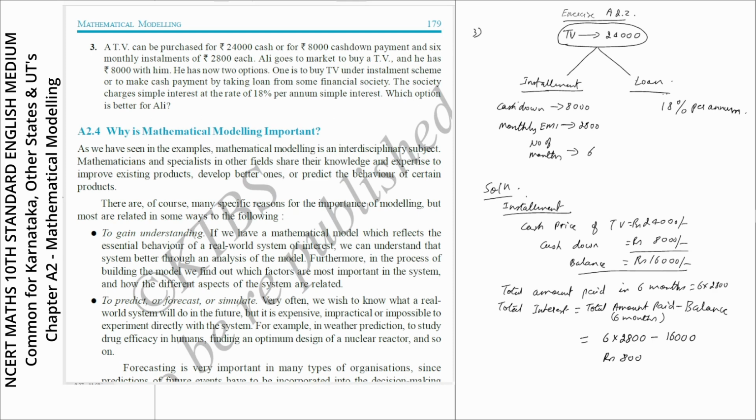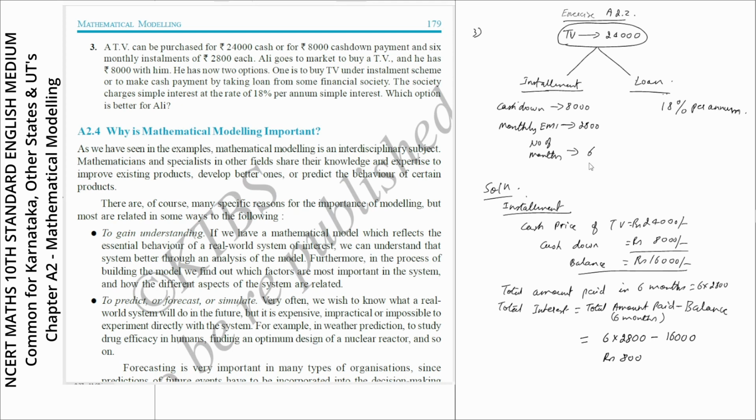So here, to buy the TV, Ali has two options. One is to go for installments, the other is to go for a loan. If he goes for installments, the cash down payment he has to pay is 8,000 rupees, and after that he has to pay an EMI of 2,800 for 6 months.